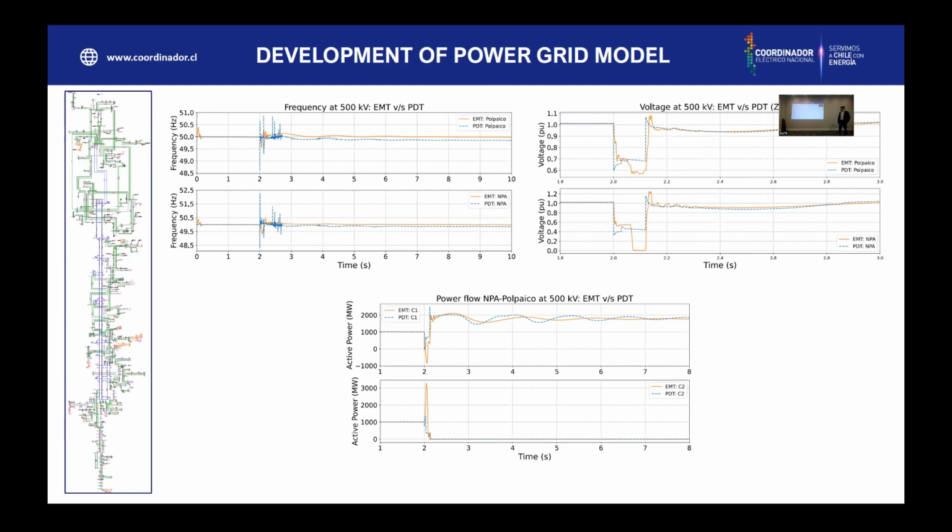But in Power Factory, you don't have that phenomenon. Still, we see pretty similar oscillations in voltage. In voltage, you see these huge slow frequency oscillations that are pretty similar. And the part of the high voltage transmission system is very well modeled. So it's pretty accurate for the time being.